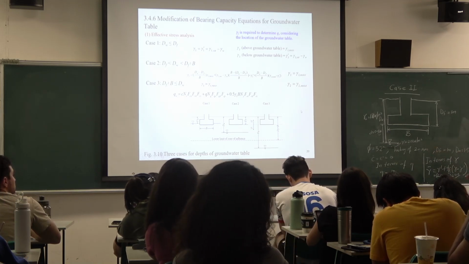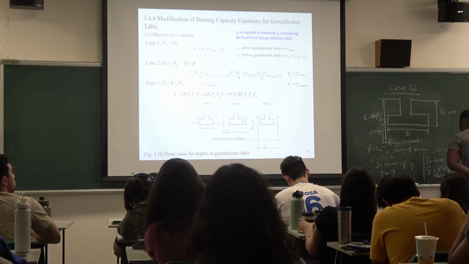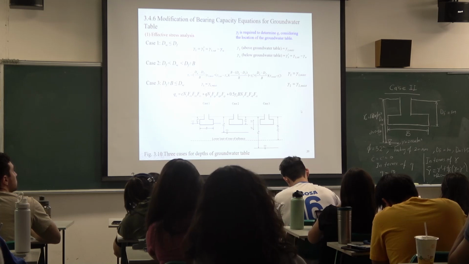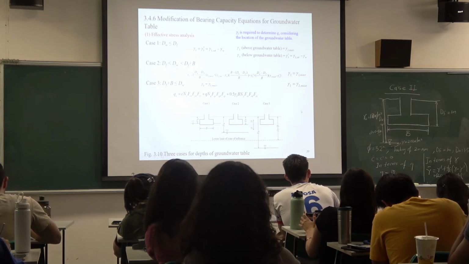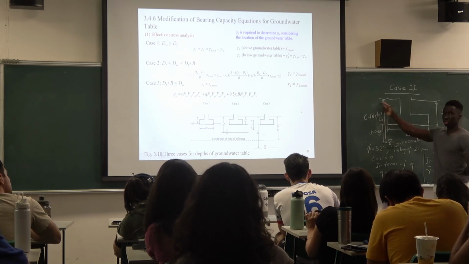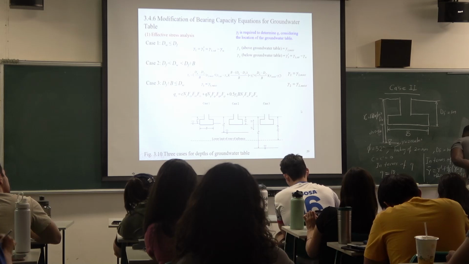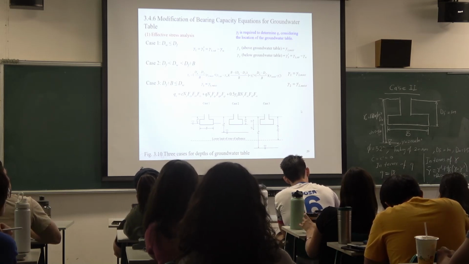It should be 2, okay? Then you input your gamma. What will be the gamma? It is the one up, right? The gamma 2, which is 18, minus gamma prime.